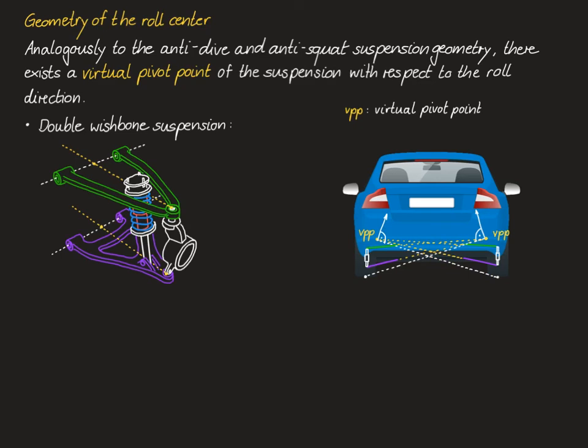Now, the very same argument, of course, applies to the right tire of the vehicle, from which we conclude that the roll center must lie on this white dashed line. Since the roll center now has to lie on both white dashed lines, it has to be equal to their intersection point.